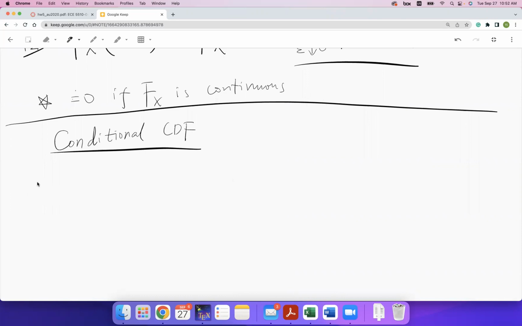So the definition is that we first consider a conditioning event E such that the probability of E is strictly positive.